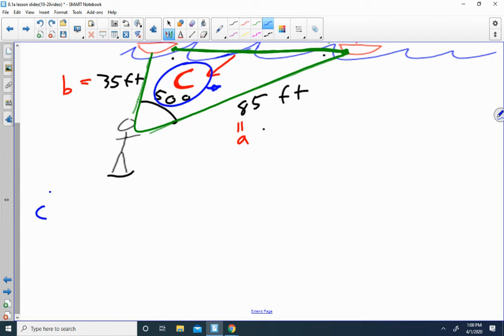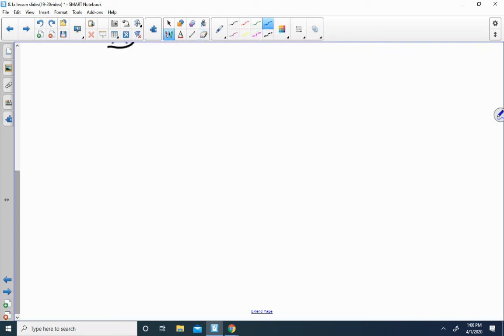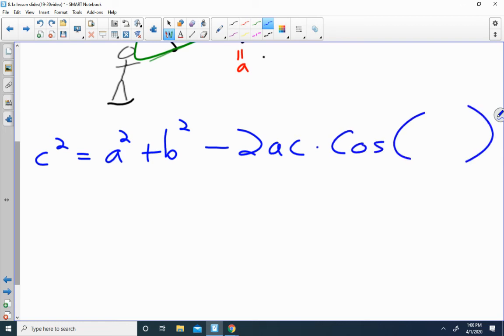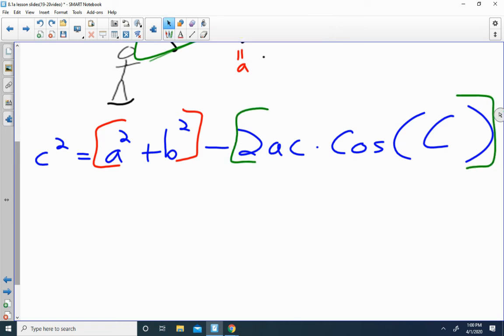The third equation, double check me on this: c squared equals a squared plus b squared minus 2ab times cosine of big C. Just make sure that is the third equation for the law of cosines. Okay, so that's the one we're going to use because we have angle C, and that will be more useful to us.